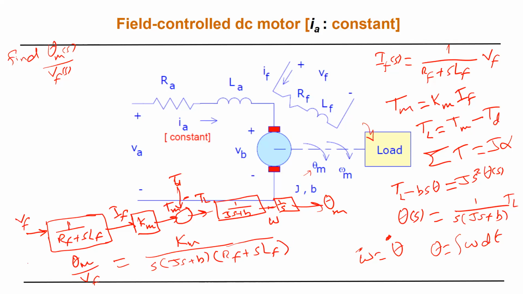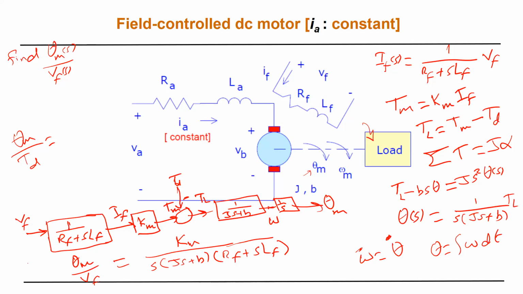If we have the disturbance, doctor? The disturbance you can also find. We have to add it after we multiply the two. No, wait: theta m to TD, and you assume VF equal to 0. TD can be considered as another input because it is external, not necessarily constant.